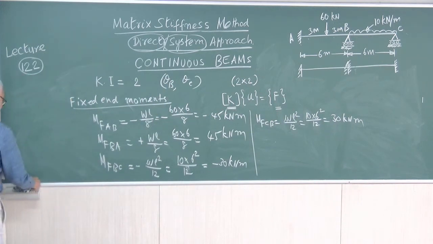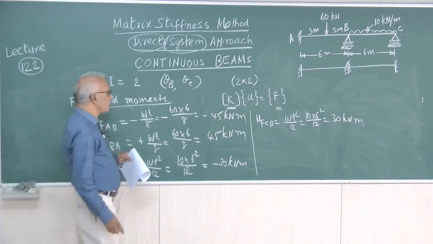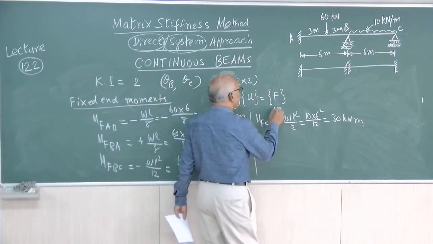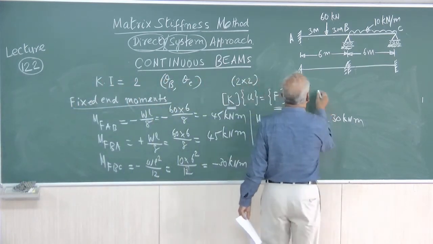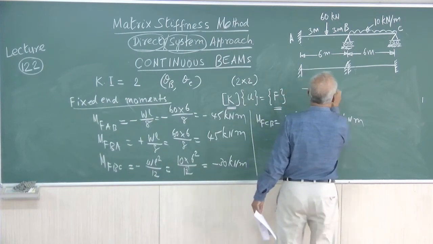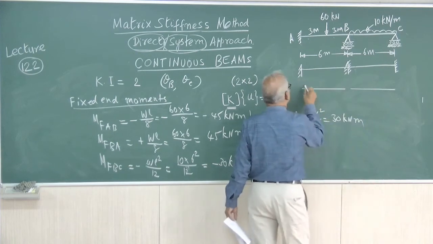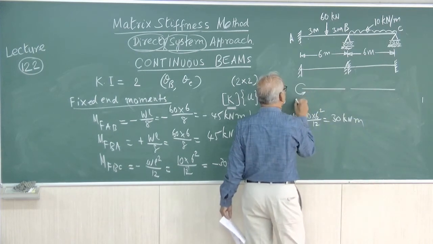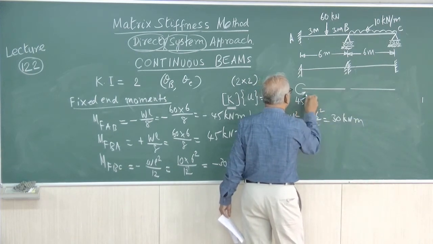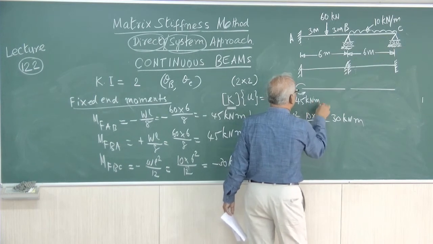Right. Now we are going to find one term for the right hand side. For the fixed end moments of the spans AB and BC, it is minus 45, therefore it is anti-clockwise 45 kilonewton meter.